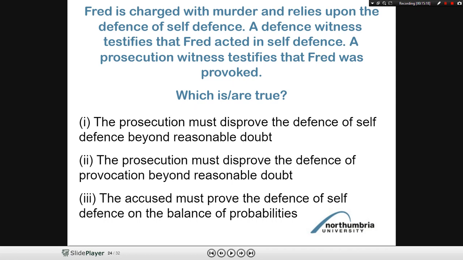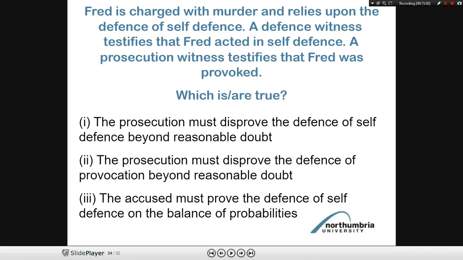So Fred is charged with murder and relies upon the defense of self-defense. A defense witness testifies that Fred acted in self-defense. A prosecution witness testifies that Fred was provoked. Which is true? Number 1, the prosecution must disprove the defense of self-defense beyond reasonable doubt.